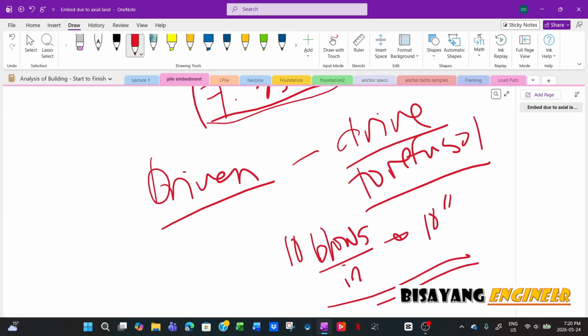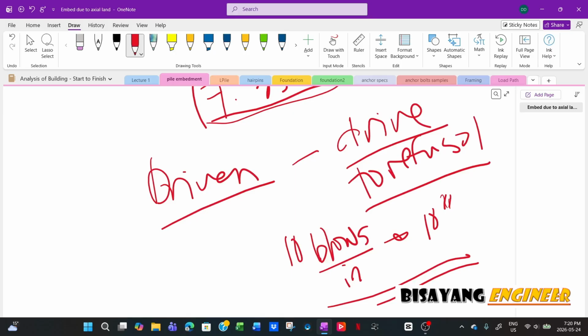I've seen this in many foundation drawings, but this is only efficient if the range of pile loads is not far apart.